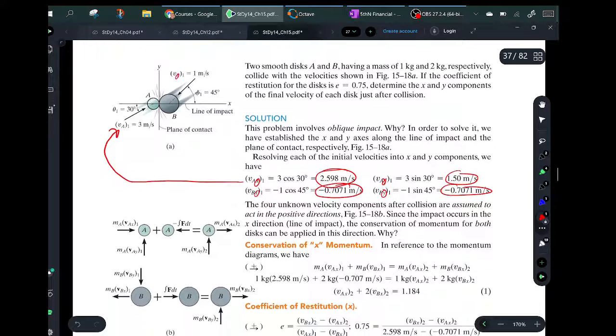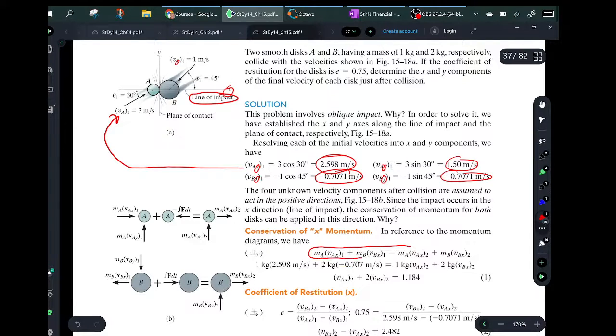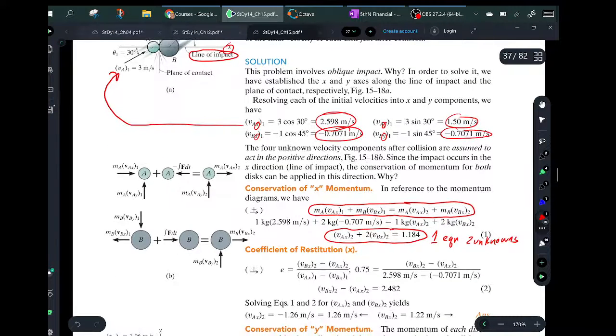Notice what he does. Next thing he does, conservation of the X momentum. Why the X momentum? Because it's the line of impact. So what he does, he does this. But notice what comes out of it. One equation, two unknowns. What's the other equation to help you?